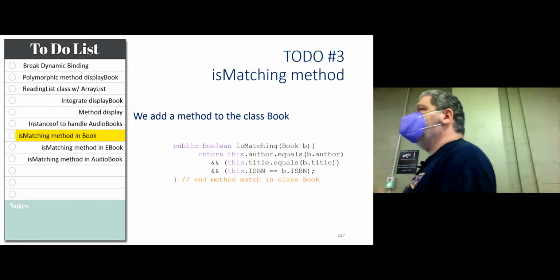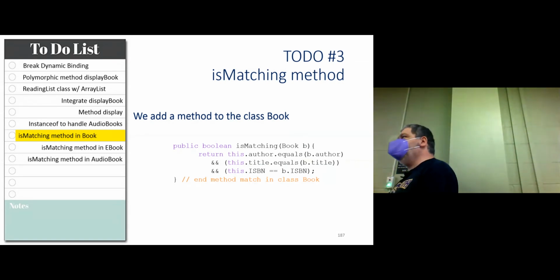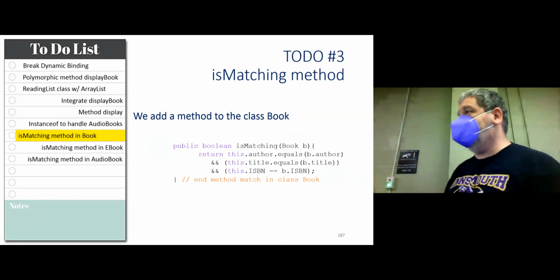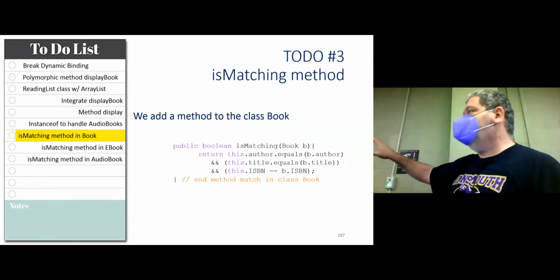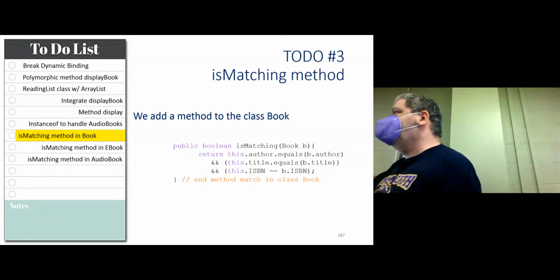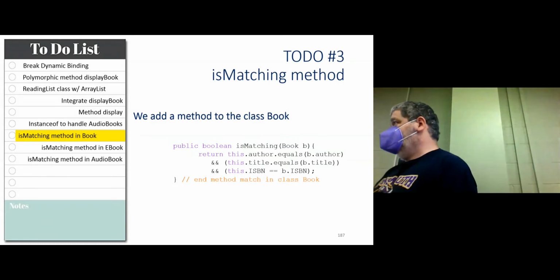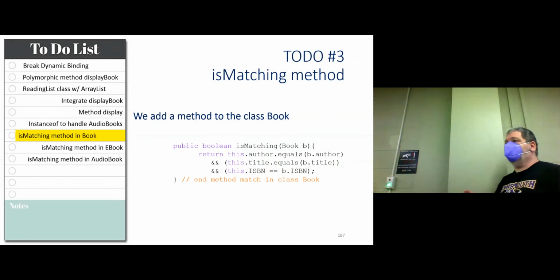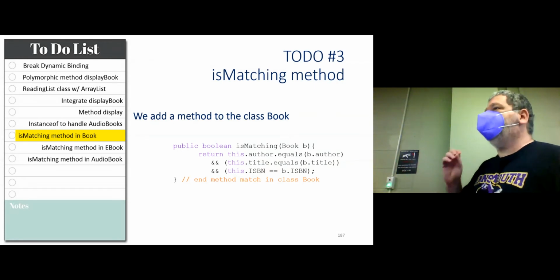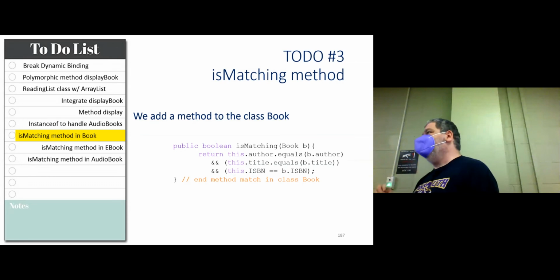The equal operator comparison, you use it only on Java primitive data types. So we can use it here on ISBN because ISBN has been declared of the data type long, okay? But the other attributes, like the author and the title, are strings. So any attribute, any variable that is what we call a reference data type, you cannot compare using just equal.